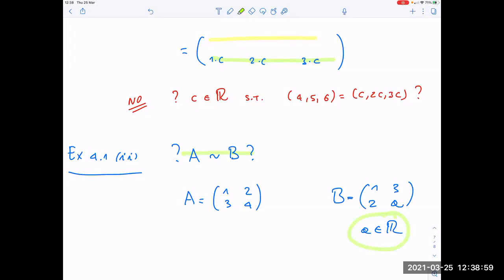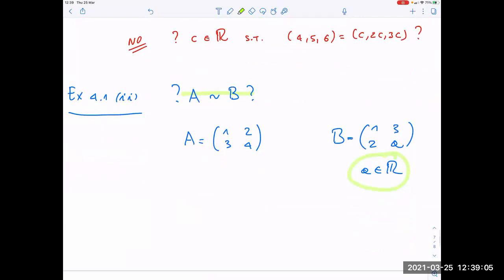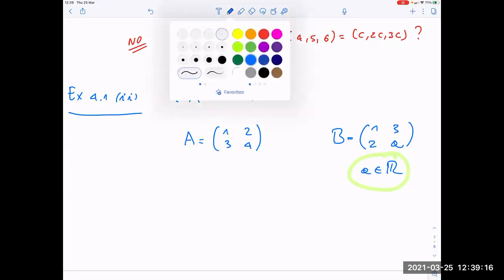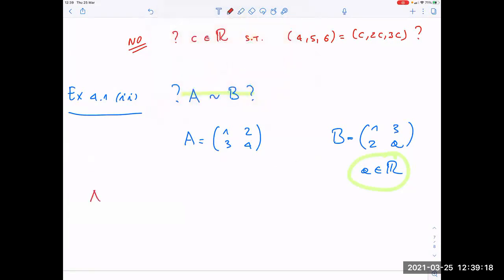And what is the idea? The idea is that, to prove that they are row equivalent, you can either go from A to B or B to A in one jump, or I can change A into a matrix A1, then change it into a matrix A2.